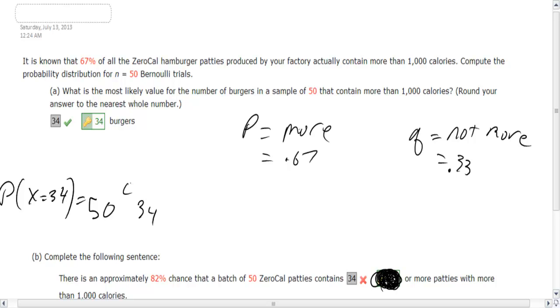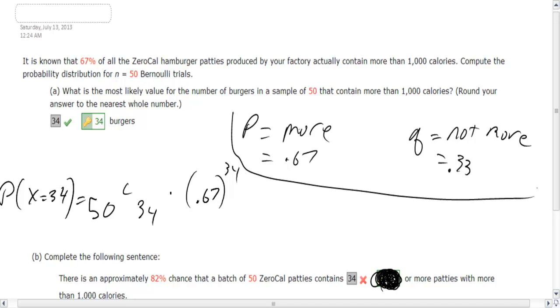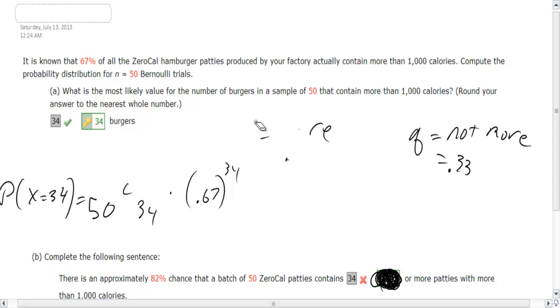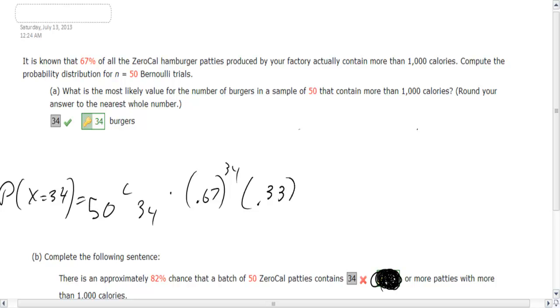That would be 50 choose 34 times the probability of success, 0.67 to the 34th, times the probability of failure, 0.33 to the 50 minus 34. And that will give you the probability of this event.